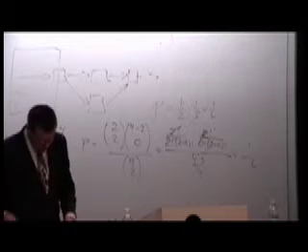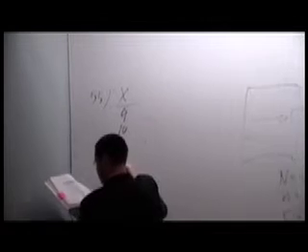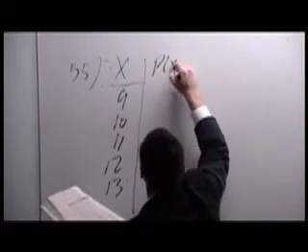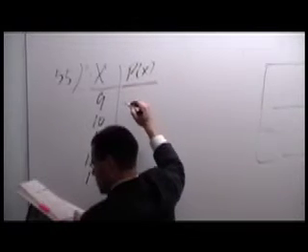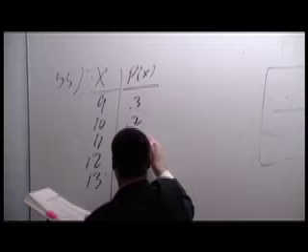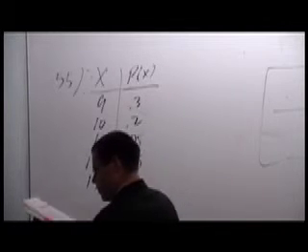We have a budgeting process where we have the following possible expenditures, 9, 10, 11, 12, and $13 million, and the following probabilities, 0.3, 0.2, 0.25, 0.05, and 0.2.